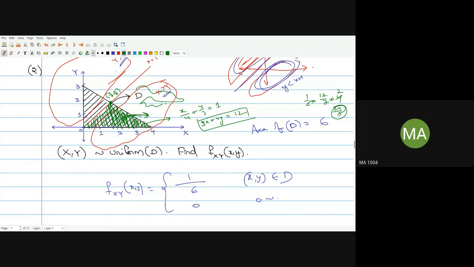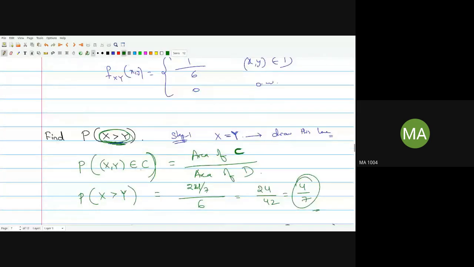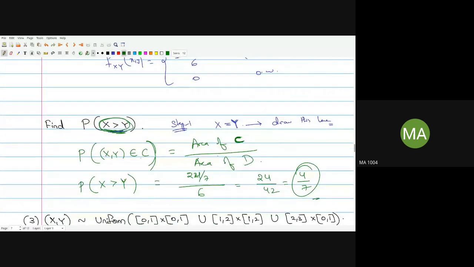Correct. Multiplying it with the joint density in the uniform case is the same as dividing by the area. So this 1 by area of D is nothing but f(x,y) of (x, y).